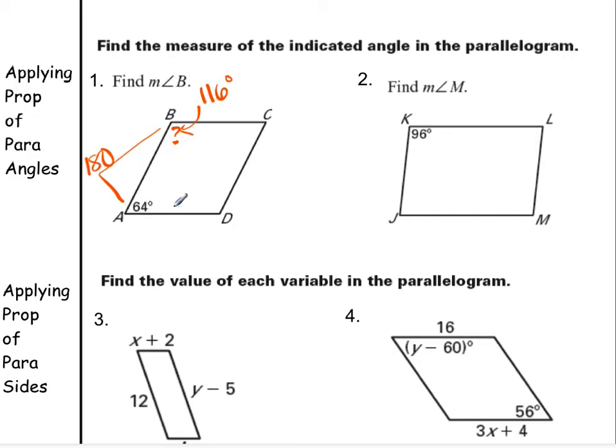There's 180 minus 64. And then here we want angle M. These are opposite angles, and in a parallelogram, opposite angles are congruent. So this angle is the same as K, which is 96 degrees.